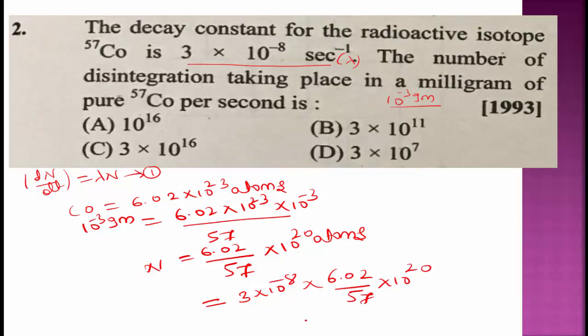We get 6.02 into 3, that is 18.06, divided by 57 into 10 to the power of minus 8 plus 20, that is 10 to the power of 12. Here 18 divided by 57 is nearly 3 into 10 to the power of 11. Option B is the right answer.